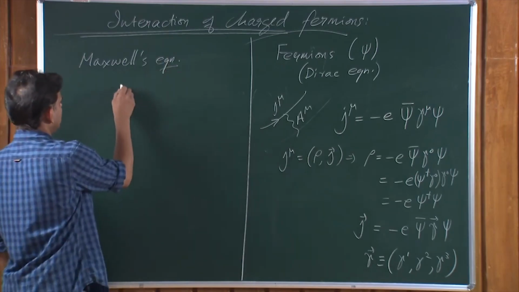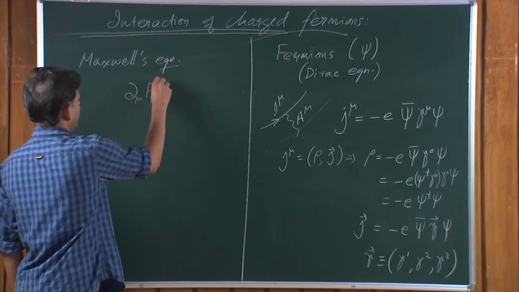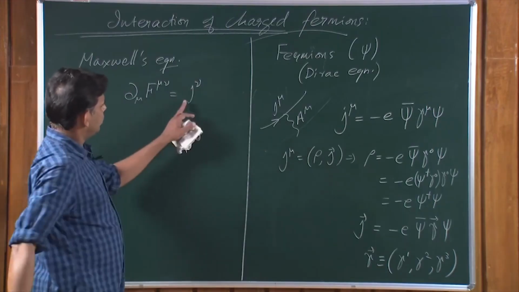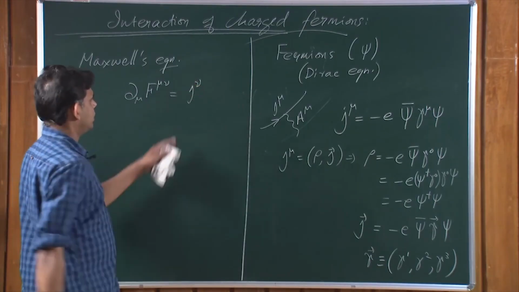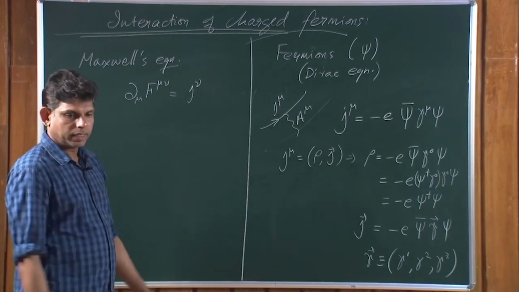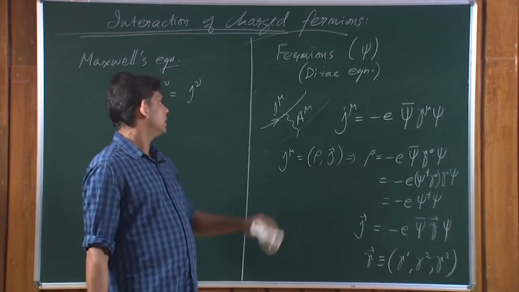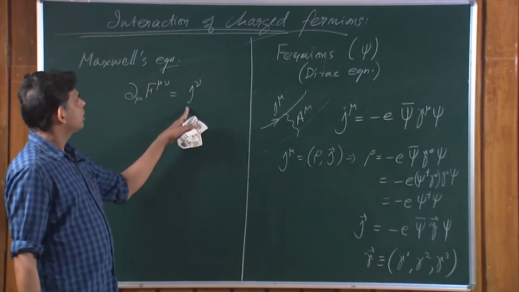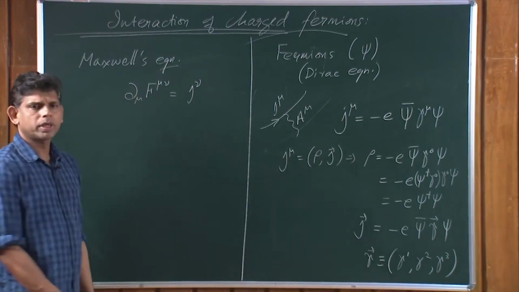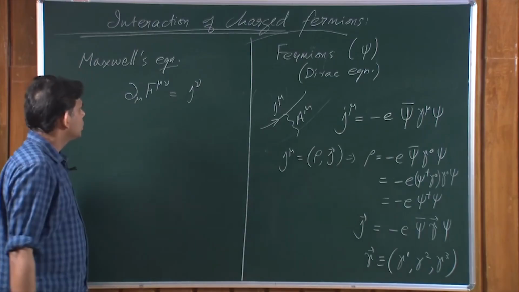Maxwell's equations were written as dou mu F mu nu equal to j nu, where j nu is the current density, okay, the source of the electric field, and we can write it in terms of rho and j. Okay. And that is what we have in the classical electrodynamics case. F mu nu are the field tensors, which we are again familiar with, we had discussed it earlier. So, this is what it is.